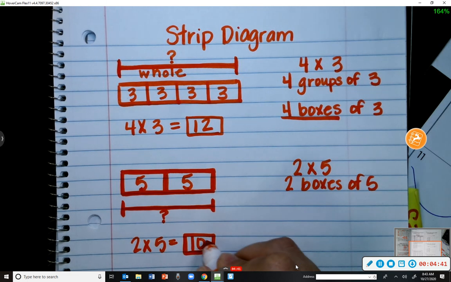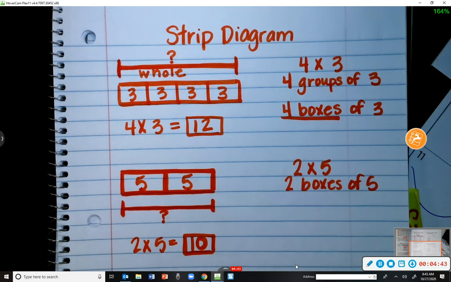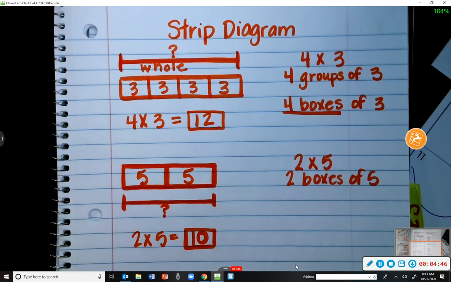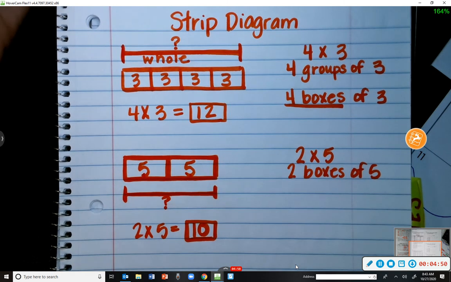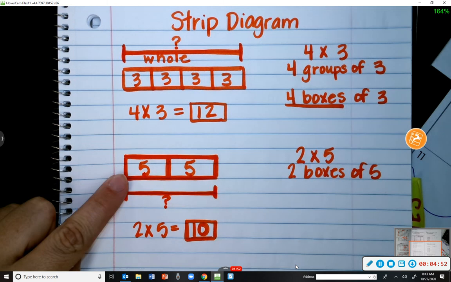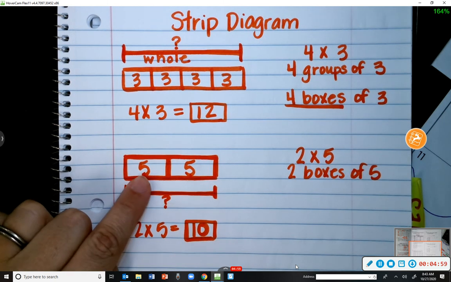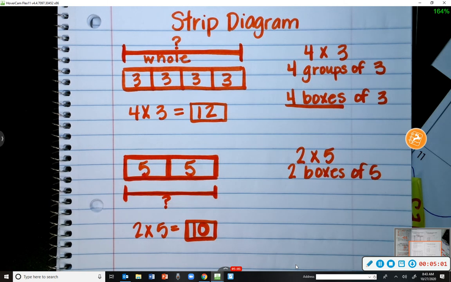Now the thing with this strategy, it doesn't really help me find the answer. I still had to do skip counting. I still had to use a different strategy. But it does help you, if you're stuck, start drawing out a model for a word problem, okay? And then you can see, oh, well now I can just add these two boxes together.